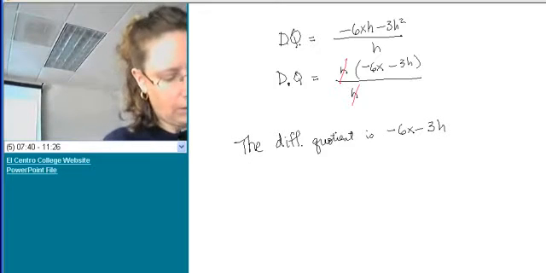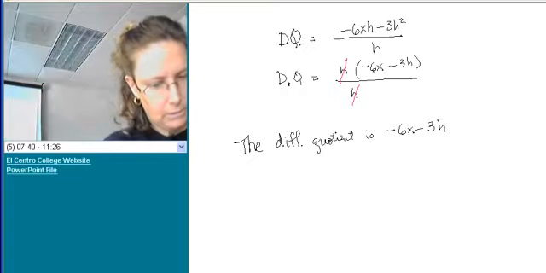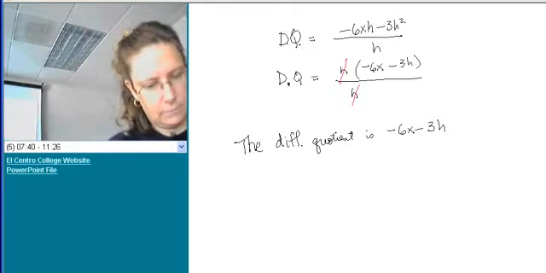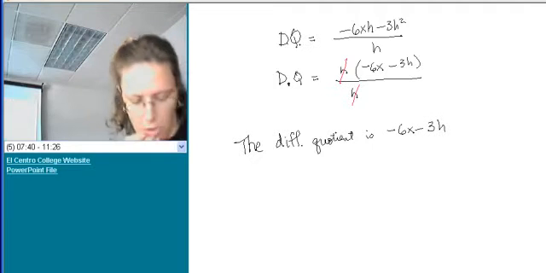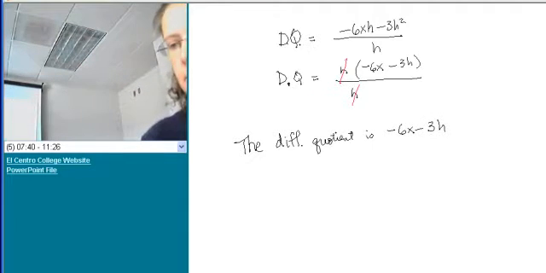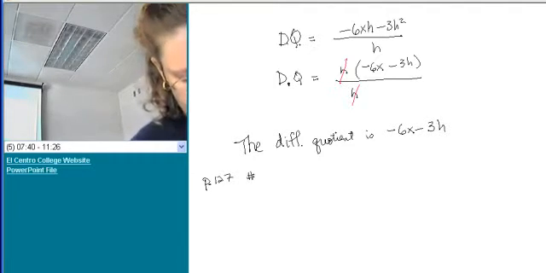If you look at your homework list, you can see some difference quotient ones too. I have to find them. Okay. Look at page 127, number 42.